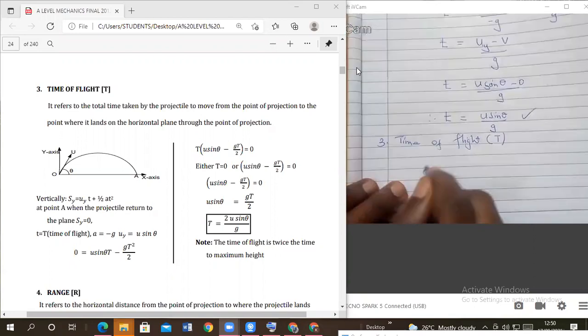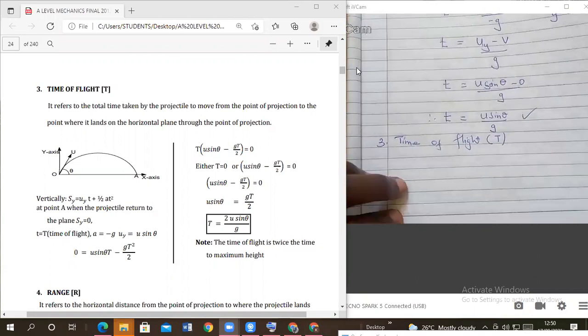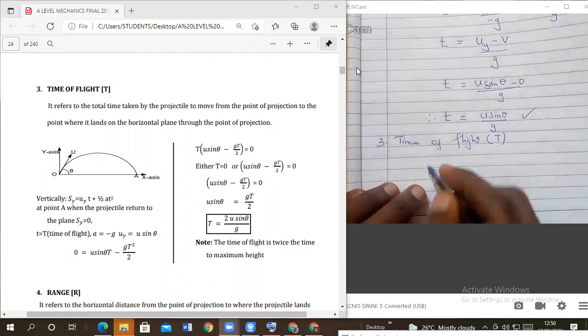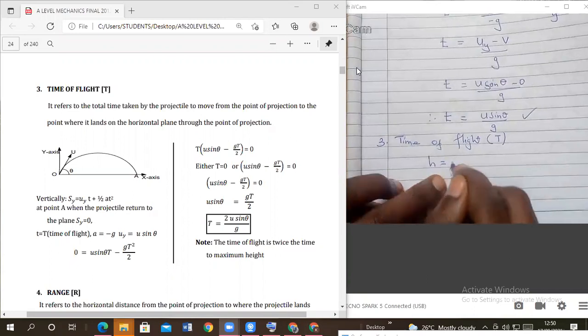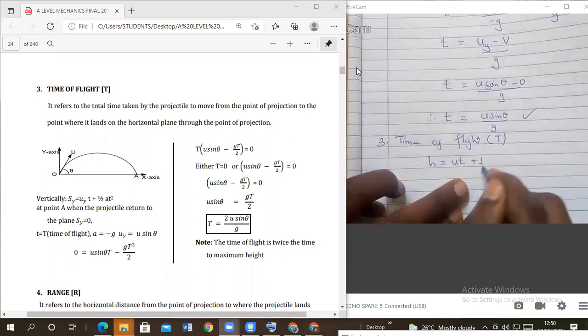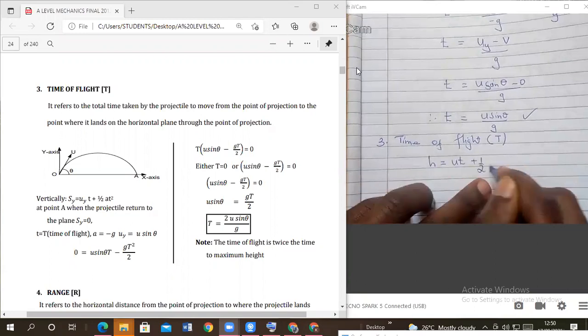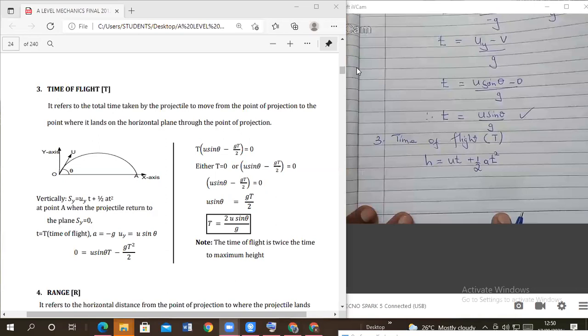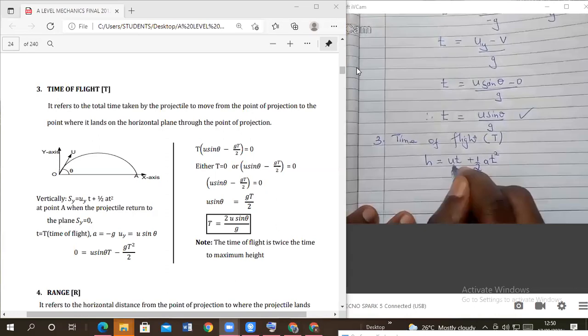So we said h will be equals to ut plus a half at squared. But this time the body is moving upward, describing that path in vertical motion, which means this one should be u_y.